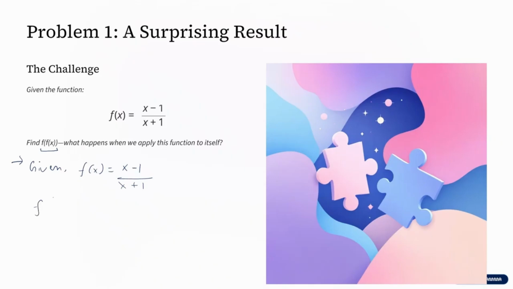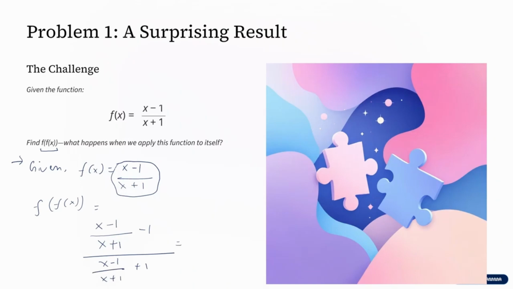So f of f(x) means for each x we need to put this whole value. We need to put this whole value for x. So how do we write it? We write it as ((x - 1)/(x + 1) - 1) divided by ((x - 1)/(x + 1) + 1).